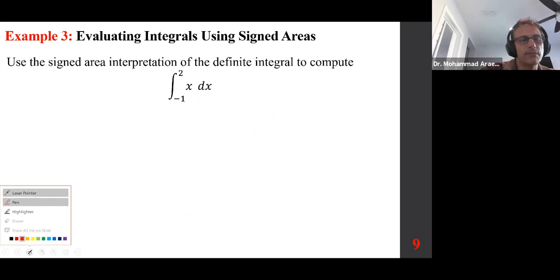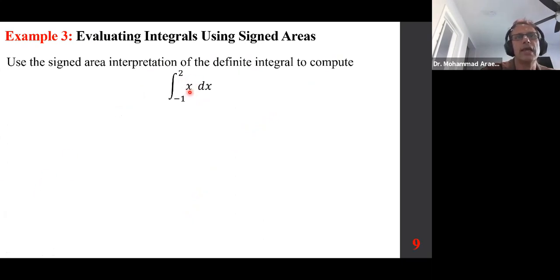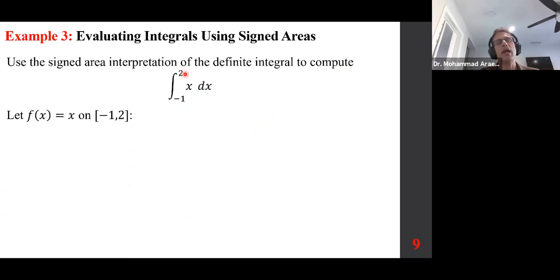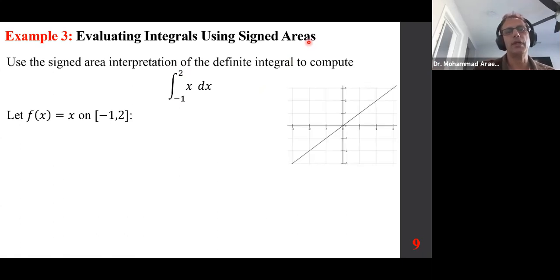We have to realize that y or f of x is x, and the interval of interest is from -1 to 2. So we are going to graph the line y equals x. I hope you remember the line y equals x goes through the origin. And to go from -1 to 2, let's draw it to (2, 2) and (-1, -1).